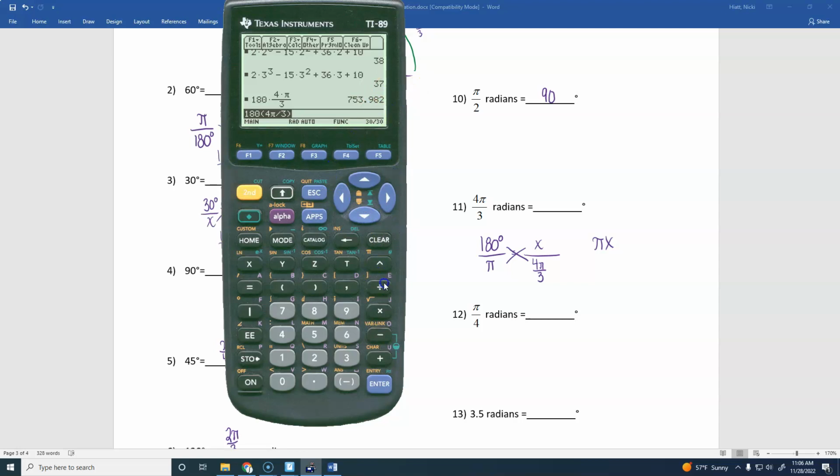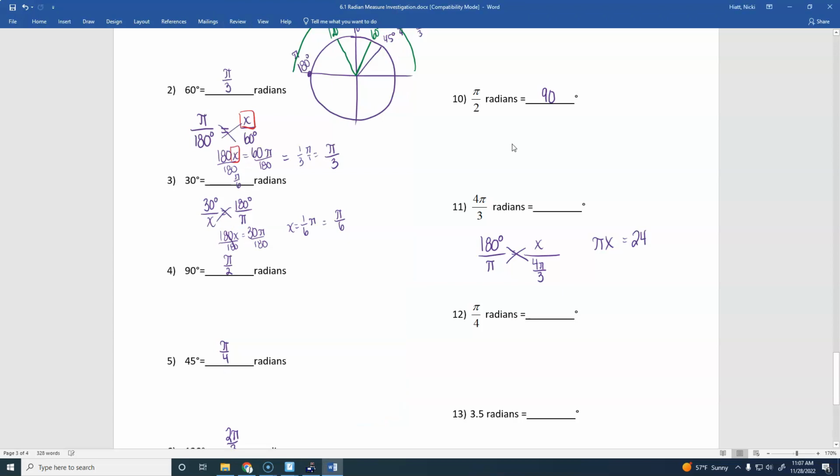You can do it that way and then divide by pi, and it's going to give you 240. But the easiest thing to do is do 180 times 4/3, which is going to give you 240, but there's still a pi there, so it's 240 pi, and then you just divide off that pi, and it's going to cancel, so x equals 240.